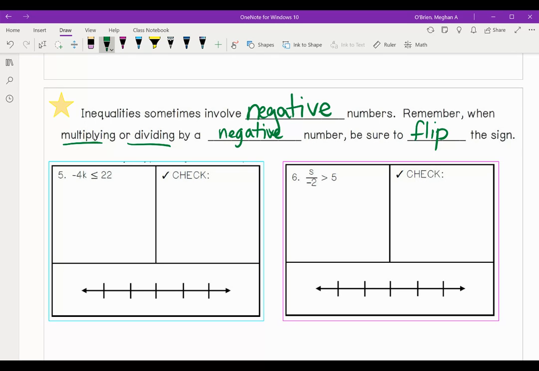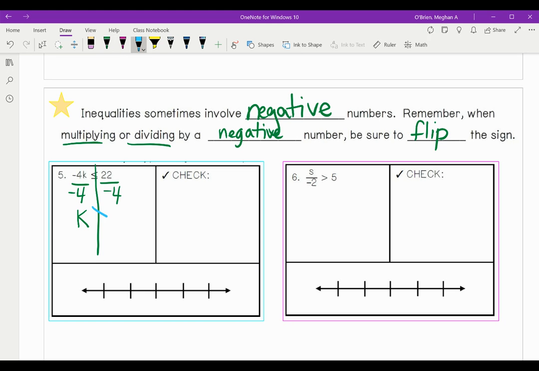Let me show you. Number 5. -4 times k. So it's multiplication. I am going to reverse that by dividing by -4. And then I have to do it over here as well. So k is, I divided by a negative.